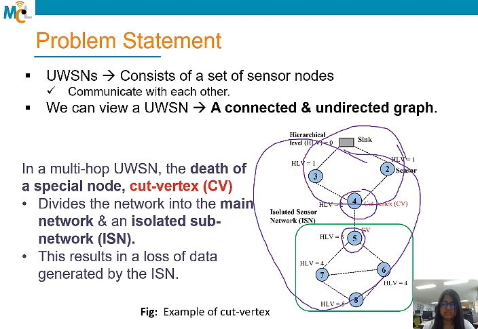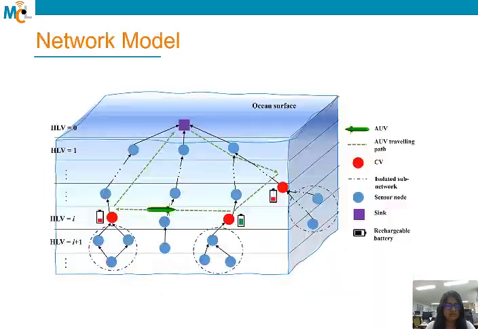This is the problem we are trying to solve in this paper, so that all the data collected from the underwater sensor nodes can be sent to the sink for further analytics. This is our network model, where we divide the sensor nodes into different layers, a hierarchical level.